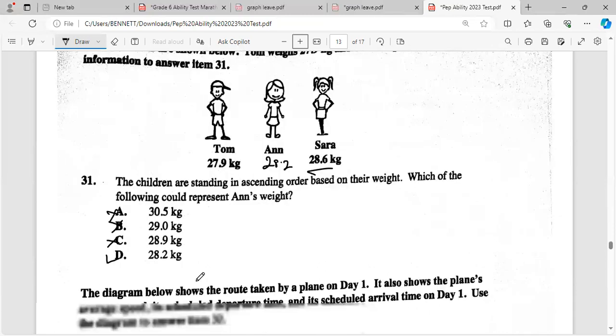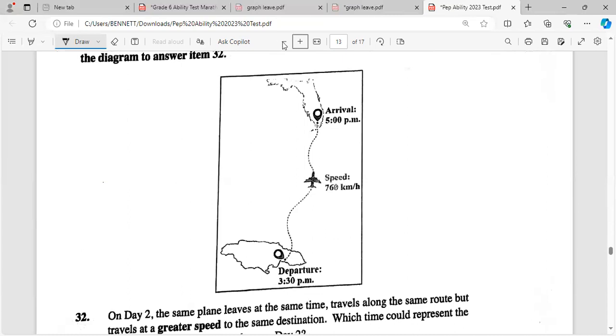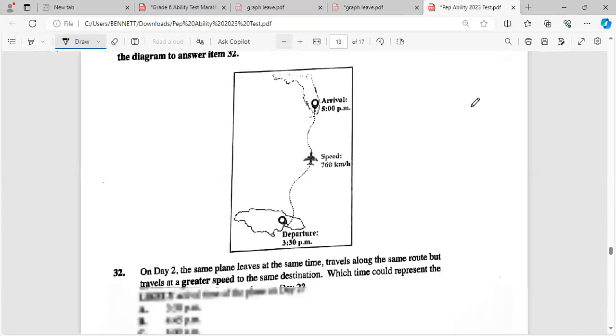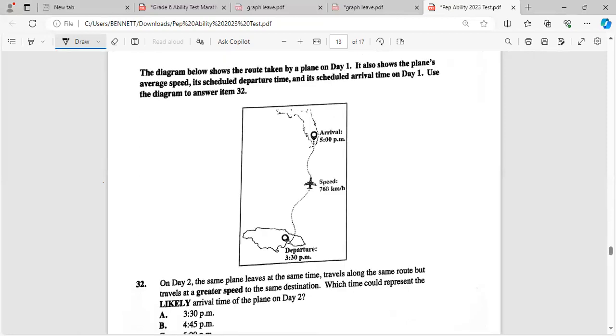All right, Ian, you're up next for this one. Wait, let me shrink it a bit because I want you guys to see all the options. Hold on, you're not reading the heading, guys. That's not how we do it, man. The diagram below shows the route taken by a plane on one day.